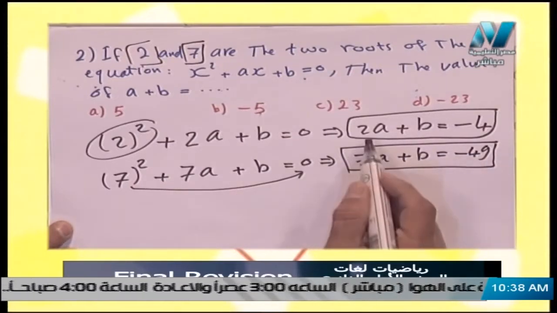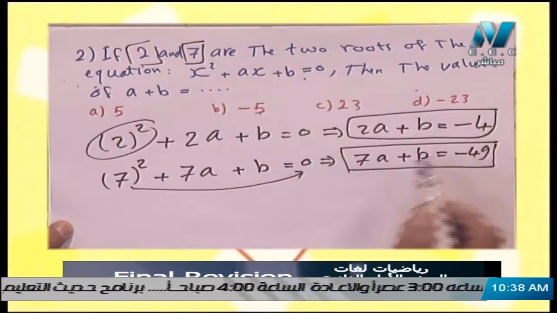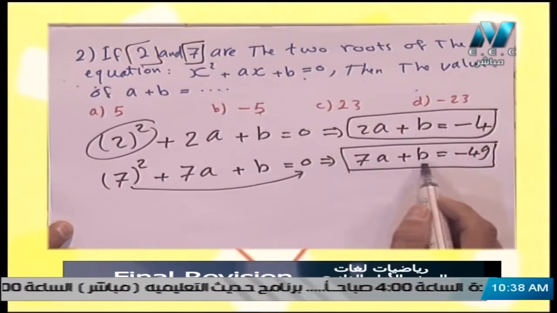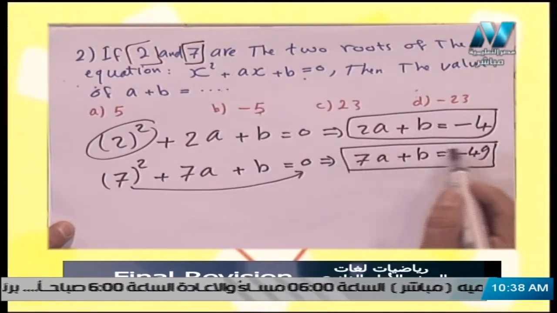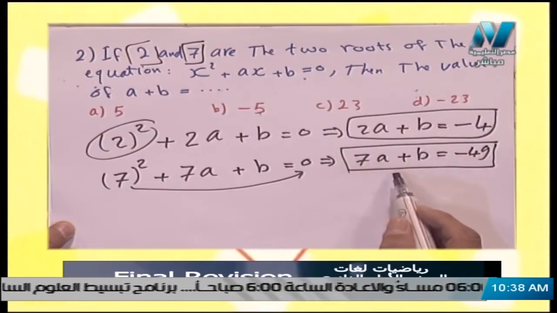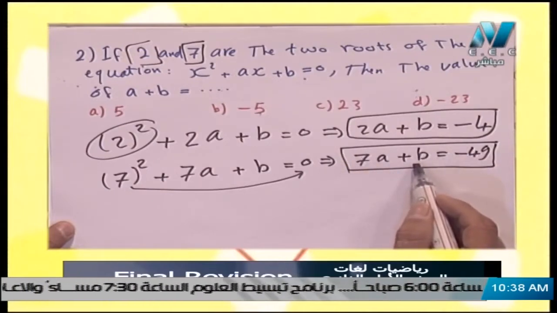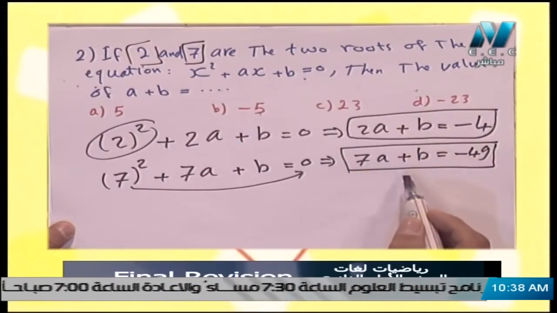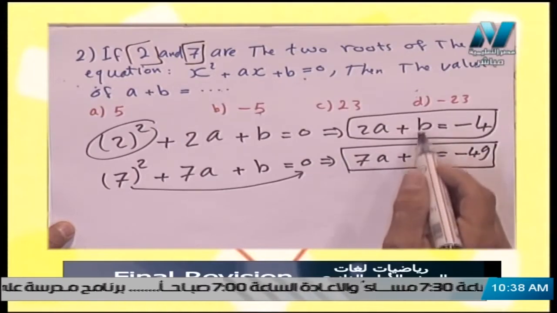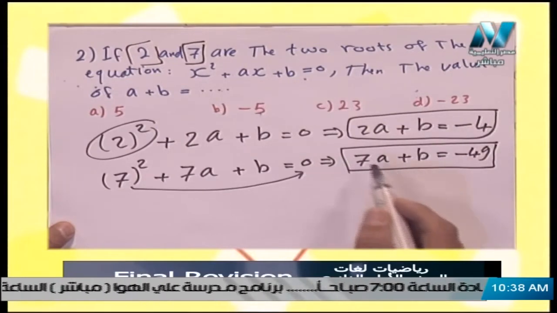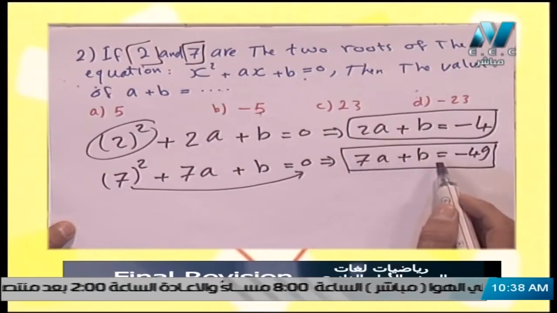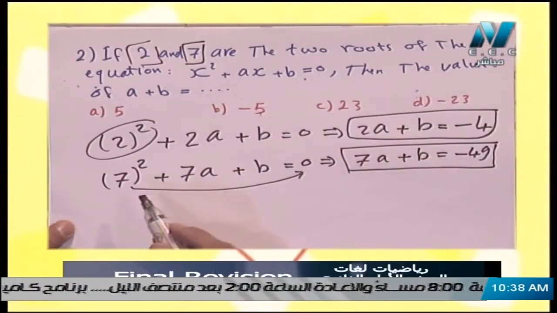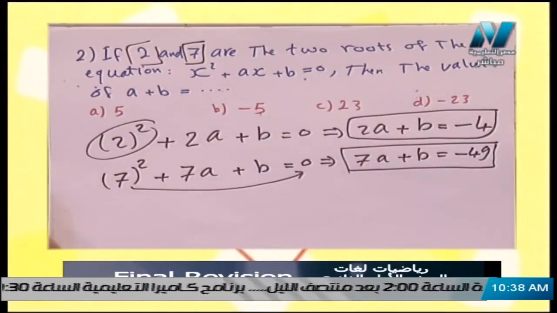Okay, we have here 2a plus b equals negative 4. We have 7a plus b equals negative 49. And if we multiply this equation by negative 1, then b will be negative b. And by adding, we can cancel the b and a remains. So multiply the second one by negative 1.